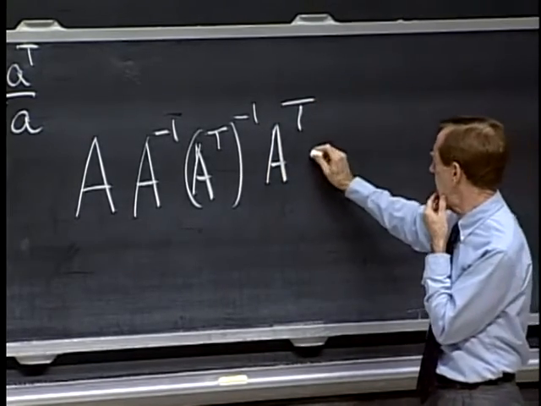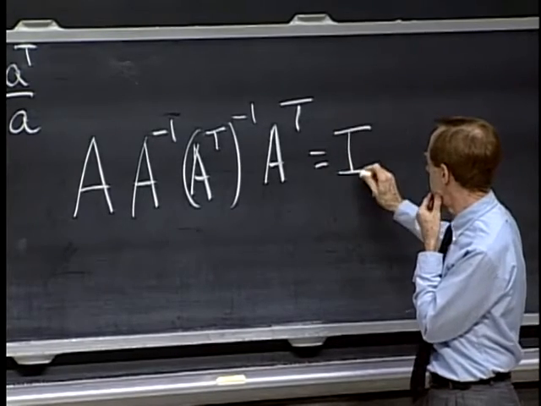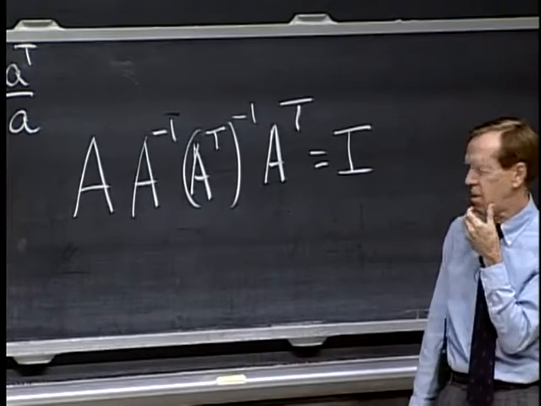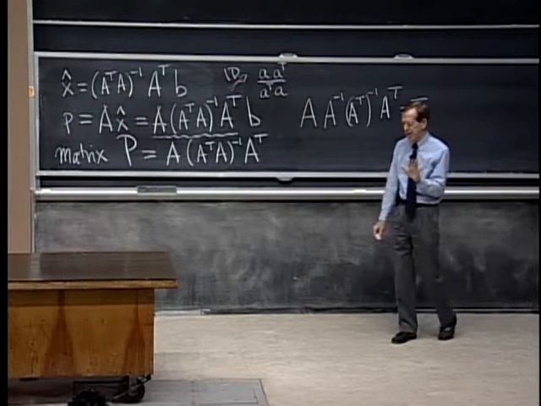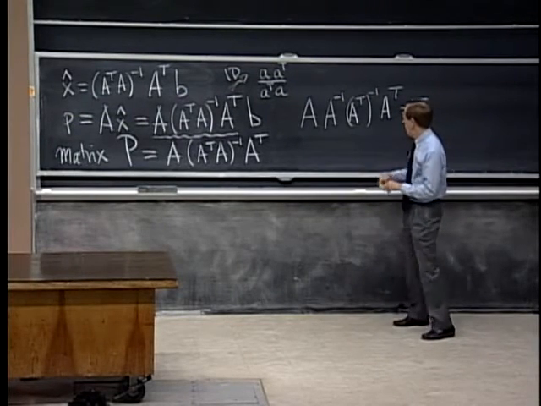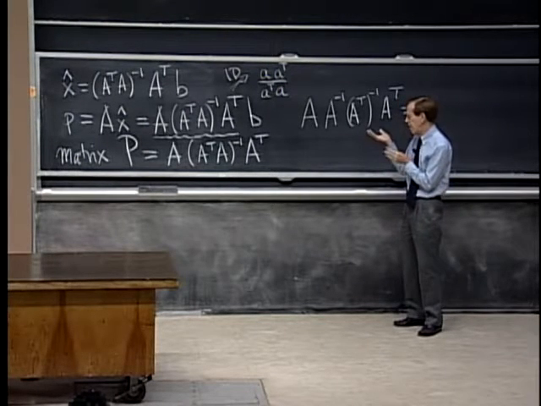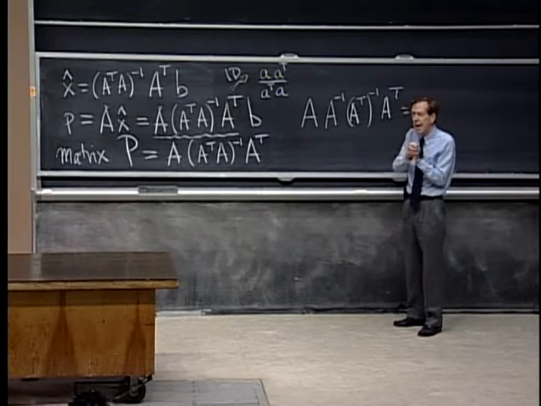That's the identity. But what's going on? My question is, somehow I did something wrong. That wasn't allowed. And why is that?